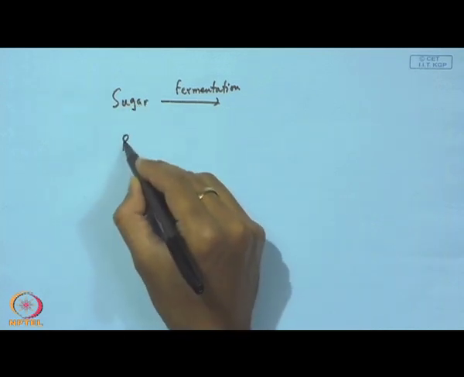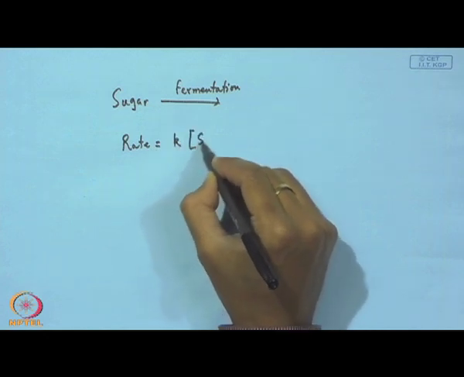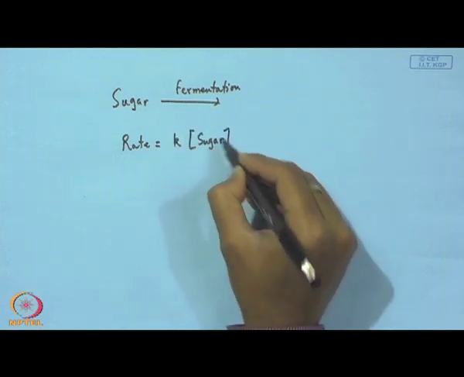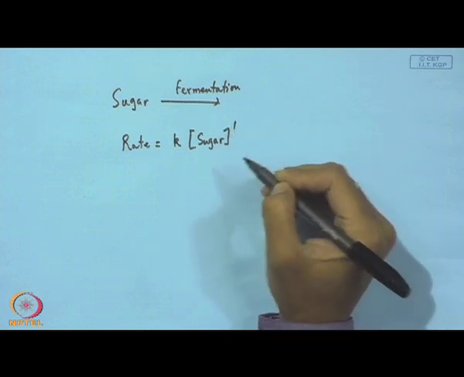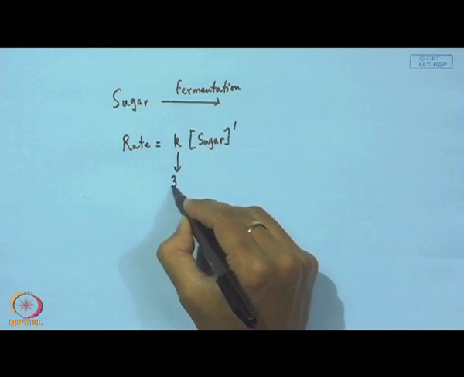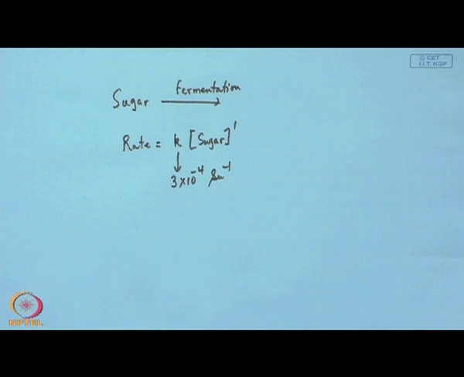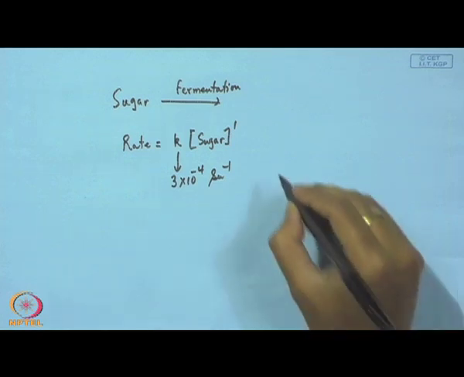So, rate is equal to k times [sugar] to the power 1. It is known to proceed via first order kinetics, where k is equal to 3 into 10 to the power minus 4 per second. So, what is the half life of the reaction, t half?